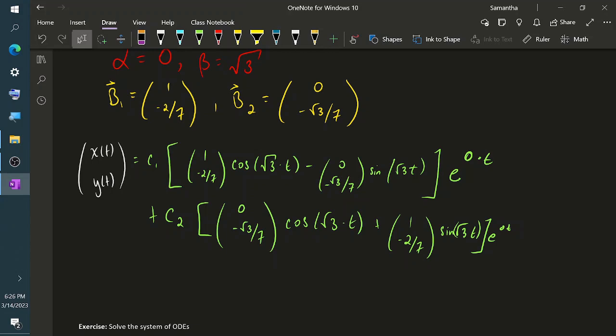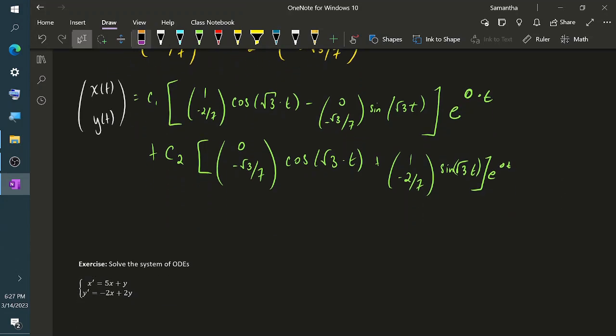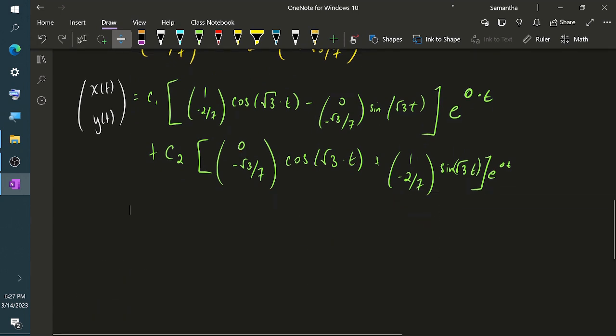Now, if you wanted to, you could simplify and rewrite this, and you could find separate formulas for x and for y. For example, you could utilize the fact that e to the power 0 is equal to 1. And then you could look at what's happening in all these top entries.